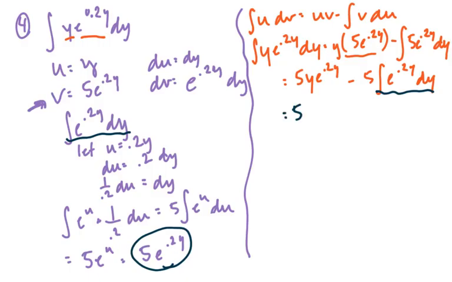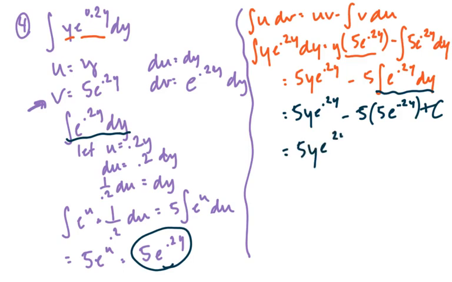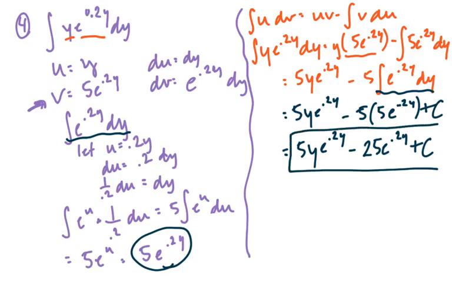We're going to say 5y e to the 0.2 y minus 5 times, and that integral gives us 5e to the 0.2 y plus c. So we have 5y e to the 0.2 y minus 25e to the 0.2 y plus c. And that's our answer.